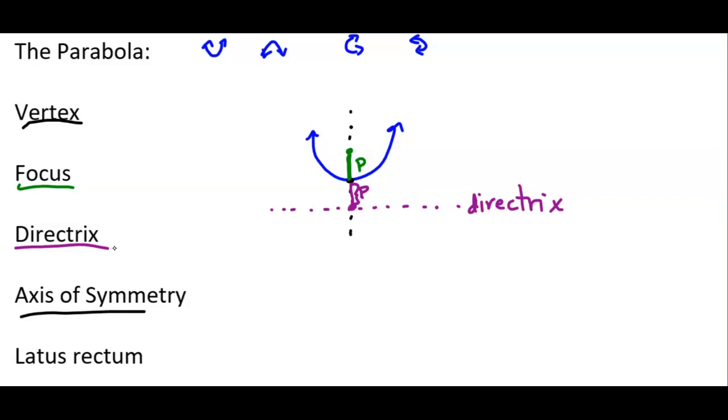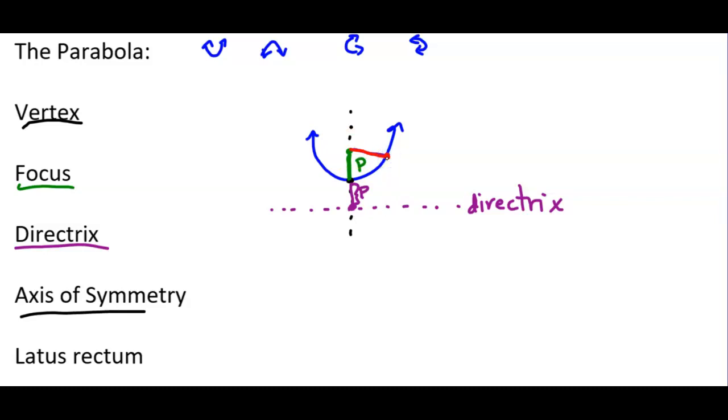The definition for a parabola is, if you take the distance from any point on the parabola to the focus, that's going to equal the distance from that point to the directrix. Let me draw this out because it's hard to explain. My parabola is not drawn very well, but there's a distance here, some point on the parabola.